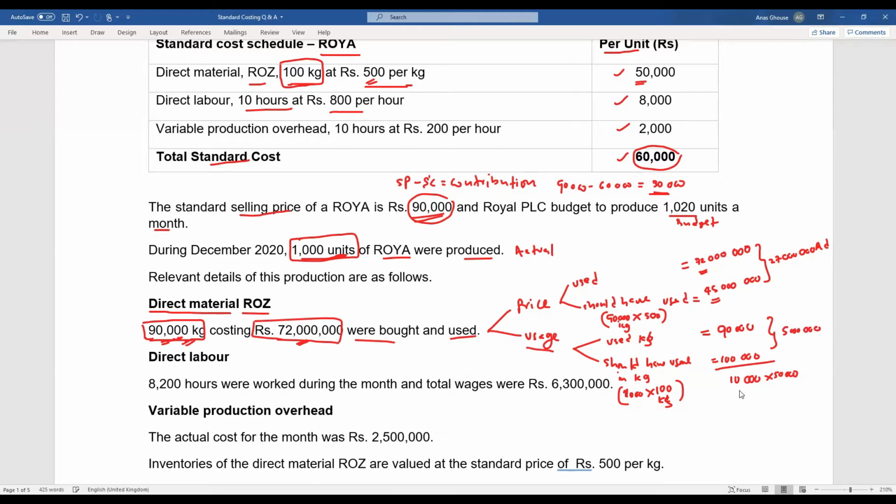Is it a favorable or adverse variance? It should be a favorable variance, because we should have used 100,000 kg; however, we used 90,000 kg to produce these 1,000 units. So therefore, our variance is favorable, 5 million. Is that clear? Okay.